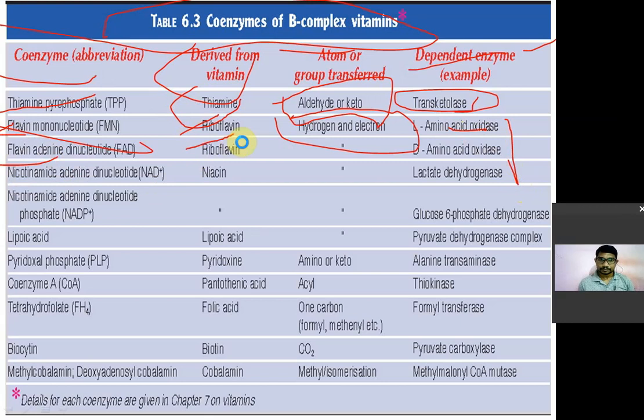So it is also obtained from riboflavin, catalyzes the reaction of hydrogen and electron transfer. Okay, again D amino acid oxidase is the enzyme dependent. तो एक लिस्ट है बायोकेमिस्ट्री बुक जो है उसमें है ये. मैं यहाँ पे एक्सप्लेन एक दो दिन ऊपर के दो दिन किया है, बाकी आप पढ़ लेना है.